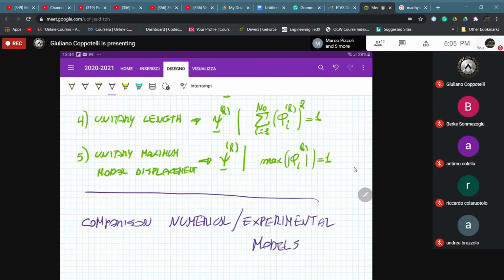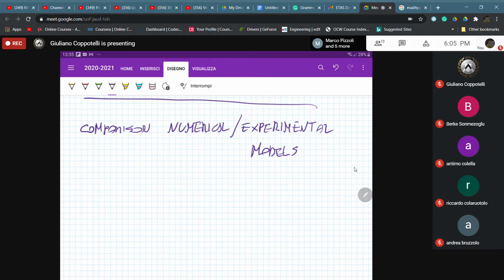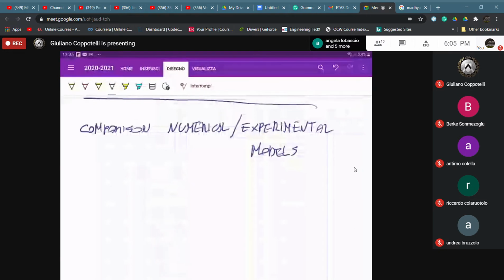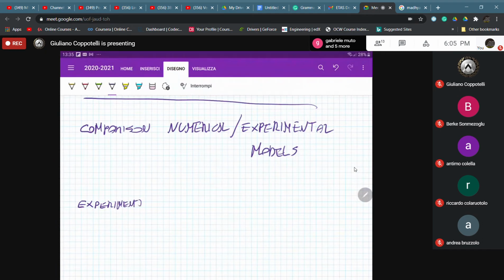Just to remark on this topic, which is very, very important, please consider that from the experimental investigation, as you already know, what we have is the information of the system response, the FRF, the frequency response functions.